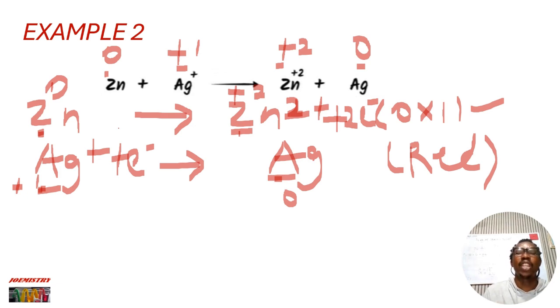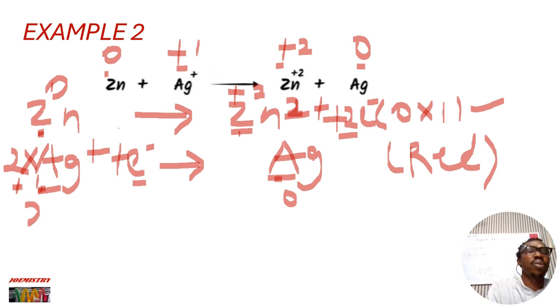Balance electron gain and electron loss by adding appropriate coefficient of what? Electrons. On the oxidation half cell, electron loss is 2, while electron gain on the reduction half cell is 1. So to balance electron gain and electron loss, we multiply the reduction half cell by 2.